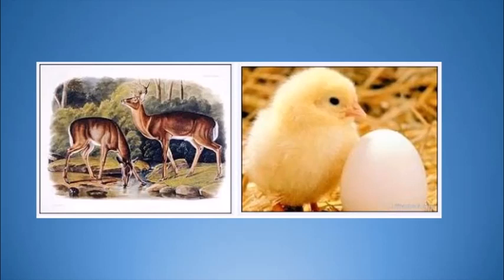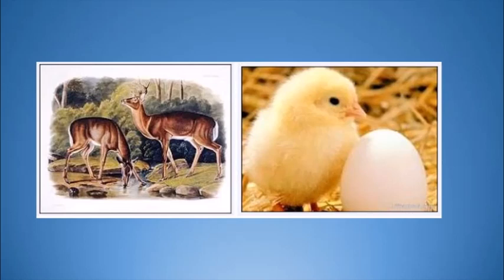Animals are also classified, or you can say divided, into oviparous and viviparous. Those who lay eggs, that is they give eggs and hatch them, are called the oviparous animals. For O, that means egg.